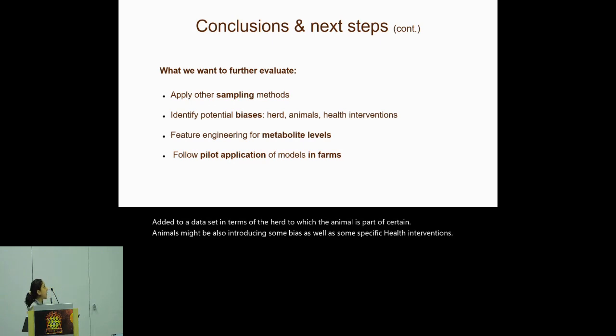We are also planning on using some feature engineering methods to use metabolite levels as opposed to the raw values. And we'll be following up the pilot application of our preliminary models in the farms, in the field, in the next upcoming months for fall semester, I believe.